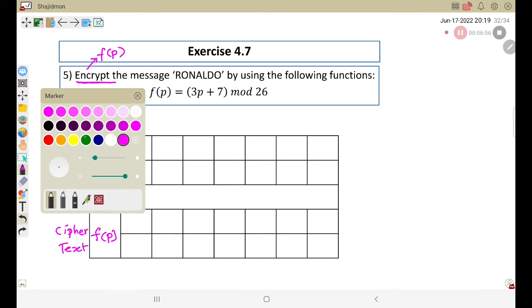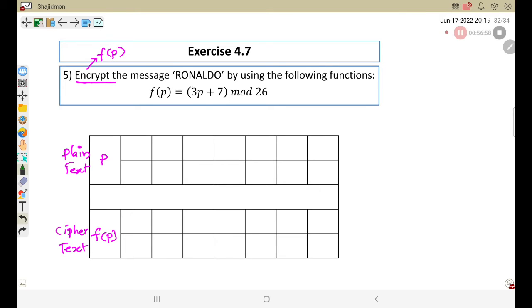Now again read the question. Encrypt the message Ronaldo. So I can write here R O N A L D O, Ronaldo, by using the function 3p plus 7, f of p, correct? What is the rule? Encryption, f of p equals 3p plus 7 mod 26.